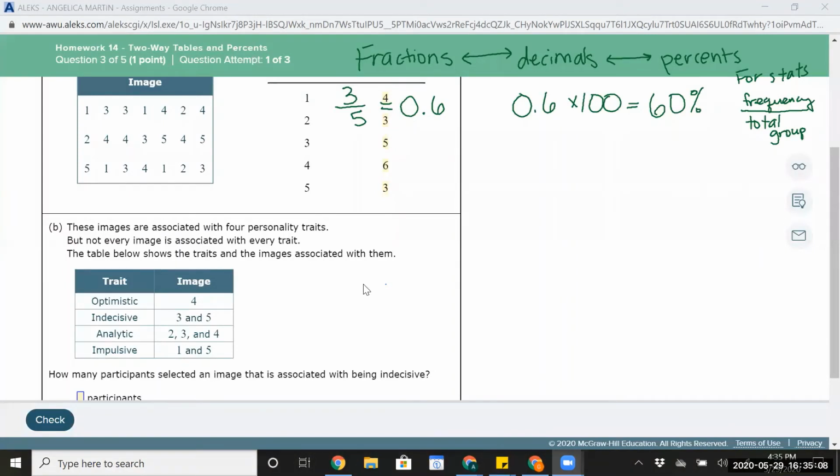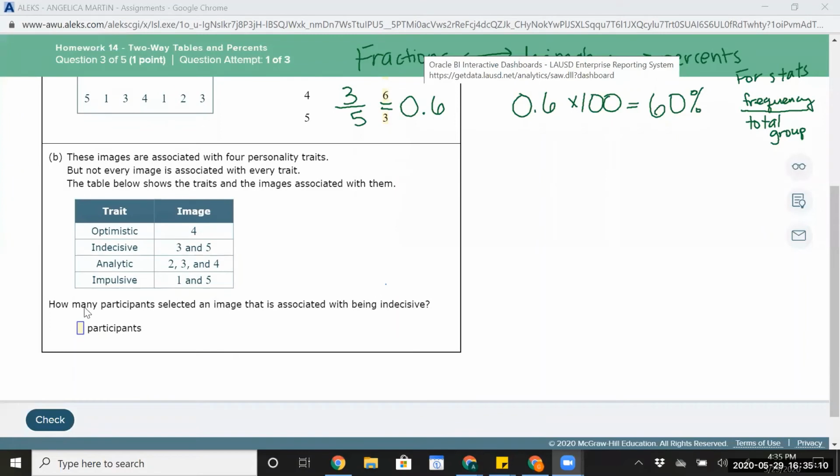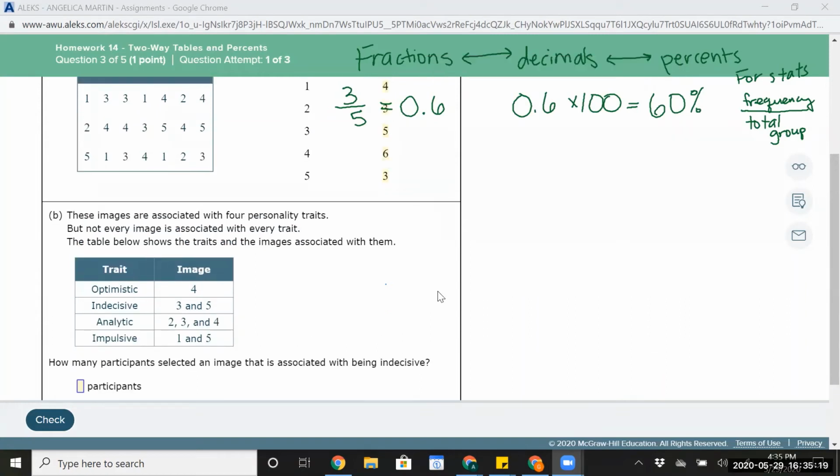And continuing on with our ALEKS material, it asks how many participants selected an image that is associated with being indecisive. So let's look at this carefully. Being indecisive was associated with 3 and 5. So looking up at my frequency table, image 3 is here, image 5 is here.